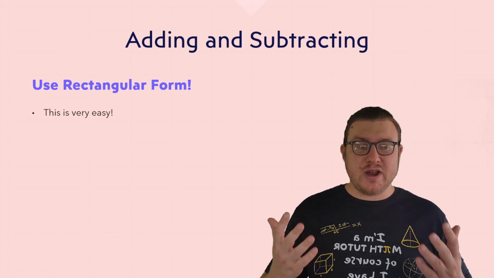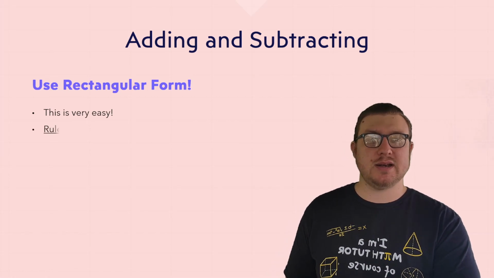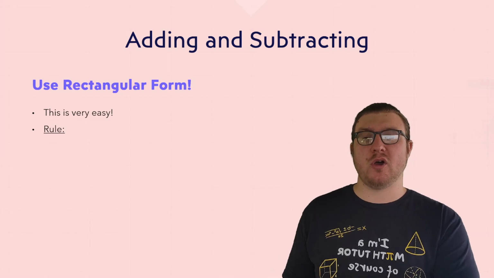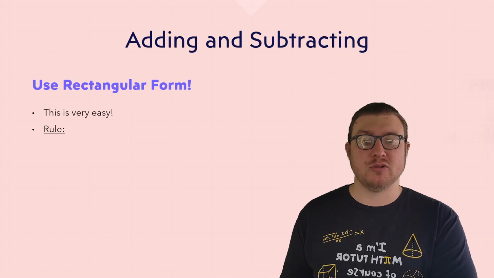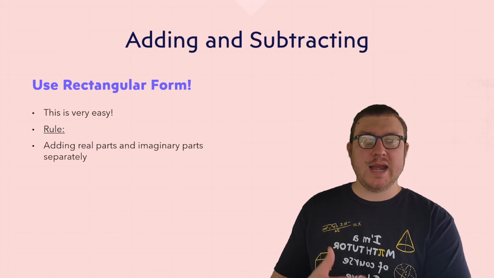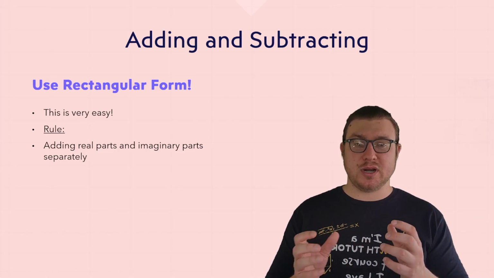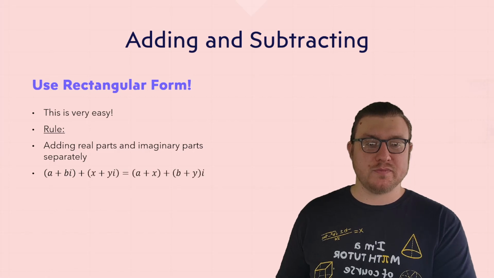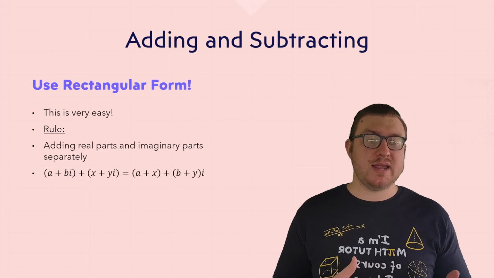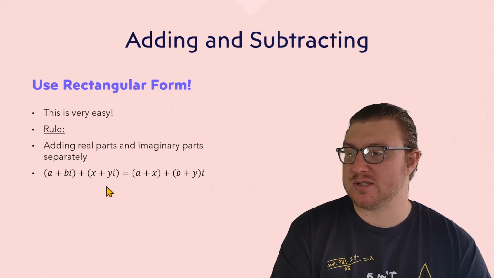This is actually very, very easy to add these complex numbers together, and it is basically what you've been learning since primary school, just now with an imaginary part. So adding the real parts together and adding the imaginary parts separately, that's basically all we do. The formula here, you can see a plus bi plus x plus yi.